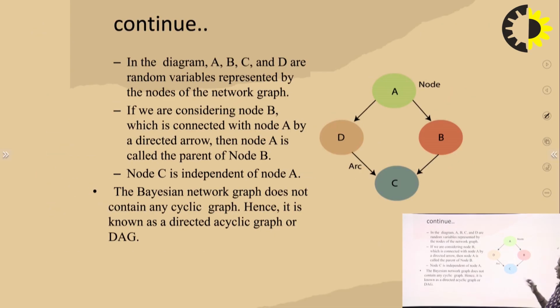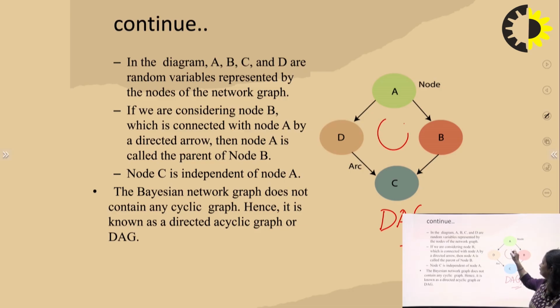Now, for example, in this diagram there are four variables, nodes, or vertices in the graph: A, B, C, D. This is our directed arrow, or arc, and this graph is a directed acyclic graph. How can we say that this is a directed acyclic graph?